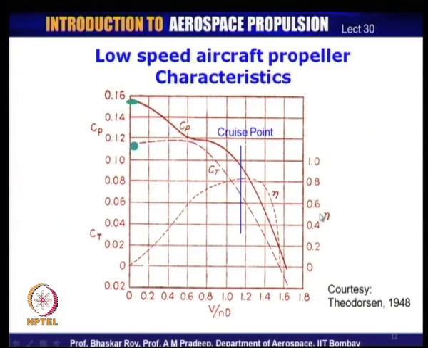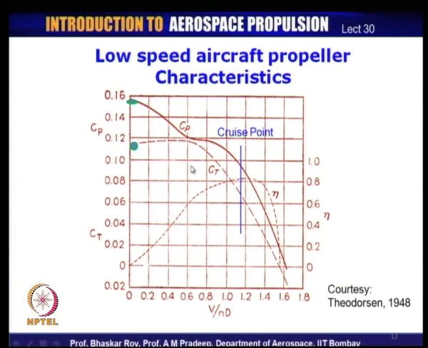A typical low speed aircraft propeller characteristic is shown here, in terms of CT and CP. The CT, of course, as we have seen, is the thrust coefficient, and CP is the power coefficient.